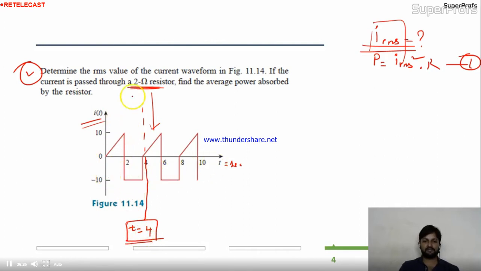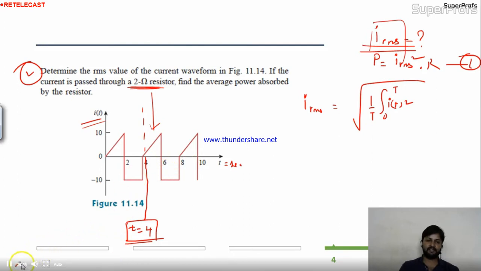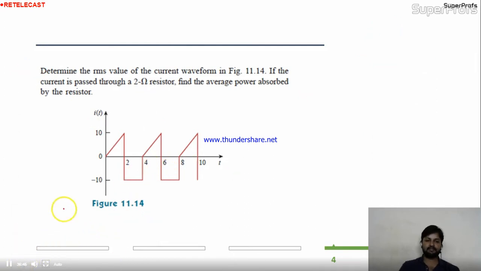So friends, come to the point. We have to calculate the RMS value. Irms is the square root of the mean of i(t) squared. First, I'll come to the values of i(t). Here, the time is divided into 2 halves.